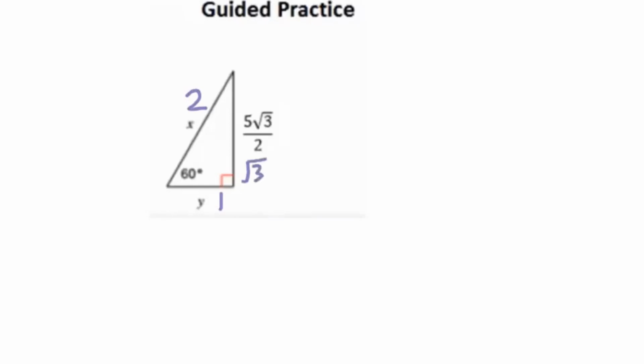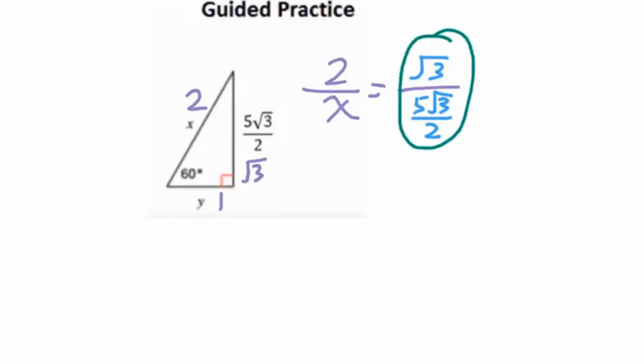If we're looking for this x, I can do 2 over x equals square root of 3 over 5 square root of 3 over 2. Then this will be a complex fraction. We focus on the denominator, this 2, and jump to the top. Therefore, we got 2 square root of 3 over 5 square root of 3.